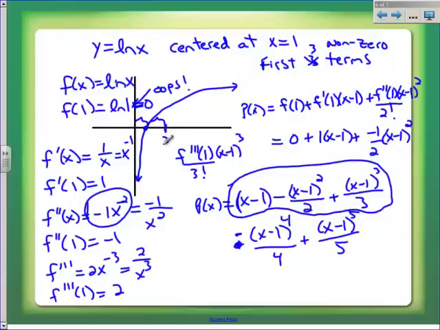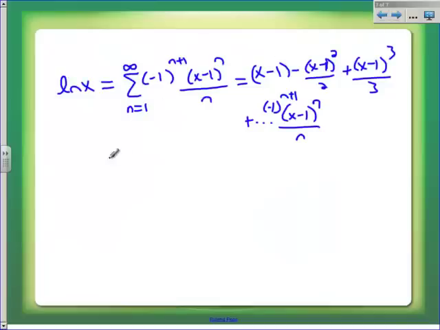And as a matter of fact, we're going to find out that we can go all the way out to 2. So this Taylor polynomial is only good from 0 to 2. And it's called an interval of convergence. So you're going to find out in your book that this is only valid from 0 to 2. Of course, I can't include 0 because that's got the vertical asymptote.